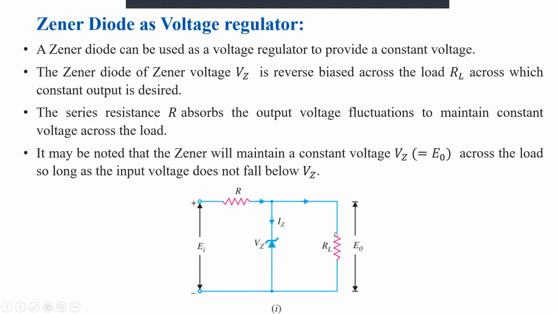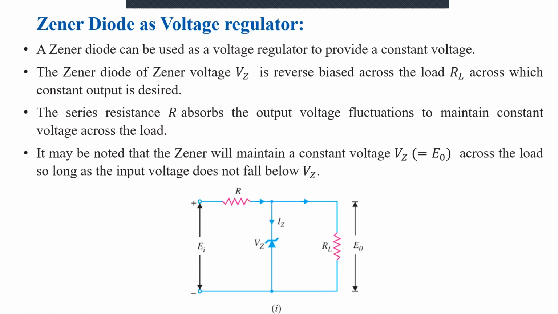The current through the load decreases, then automatically the current through the Zener diode increases, but there is no change in the voltage. Even though the current increases, there is no change in the voltage. That is how the voltage across the load remains constant, even though you change the input voltage, even though you change the output resistance or load resistance RL.